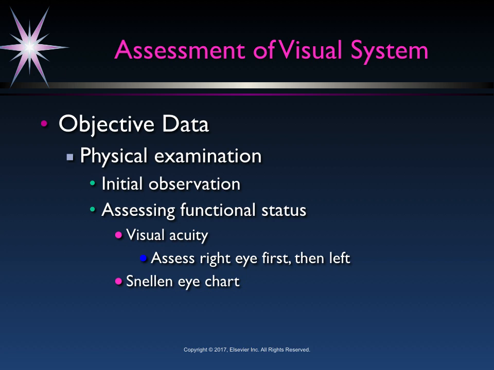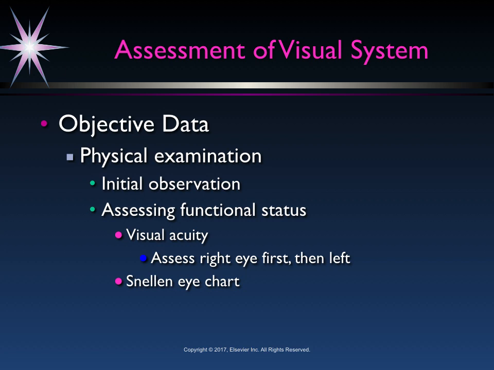We're always going to record visual acuity for medical and legal reasons before the patient receives any care, and then position the person on a mark exactly 20 feet from the Snellen eye chart. If the person wears glasses or contacts, you leave them on. You cover one eye at a time during the test.